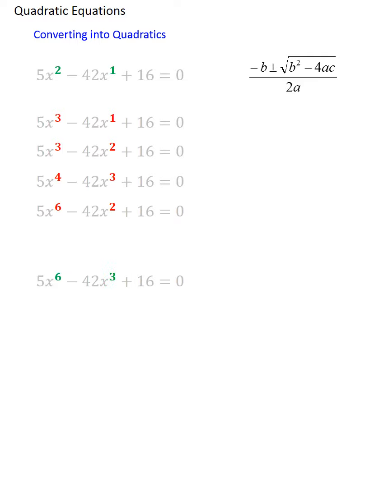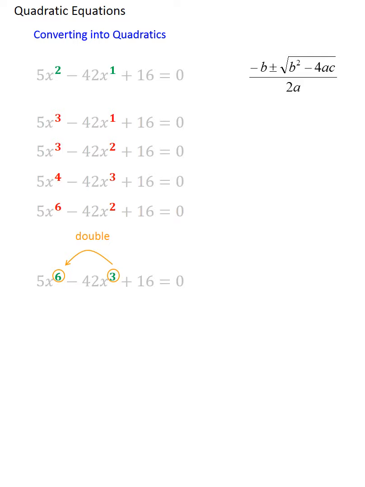But there is one specific kind of problem among these that mathematicians developed a really interesting trick for. This equation on the bottom here, where the exponents are a 6 and a 3, is easily solvable. While there is no general formula when these exponents are anything other than a 2 and a 1, they did notice that if the larger exponent was exactly double the smaller exponent, there was an amazing shortcut to solve equations like this.